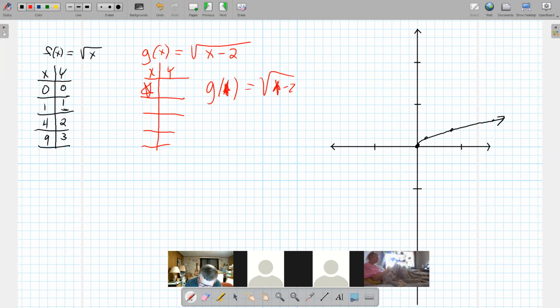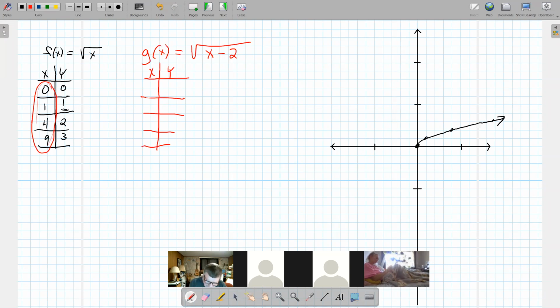So whatever I put in for x, I'm going to subtract 2 from it before I take the square root. So it seems to me like I want to start out with a number that's 2 more than these. So then when I put it into the radical and I subtract 2, it'll be as if I'm putting these numbers in and I'll get nice results.